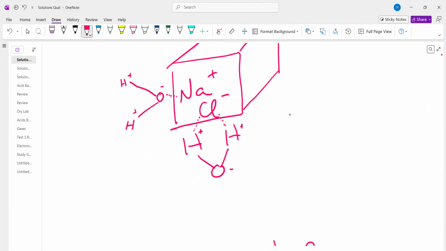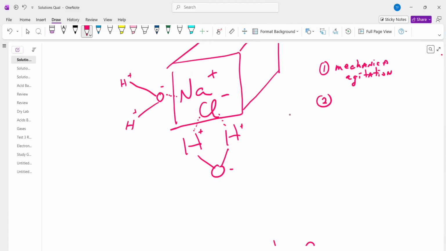So, how can we speed that process up? Okay, stirring. There are three ways we can speed that process up. Mechanical agitation or stirring, as she said.